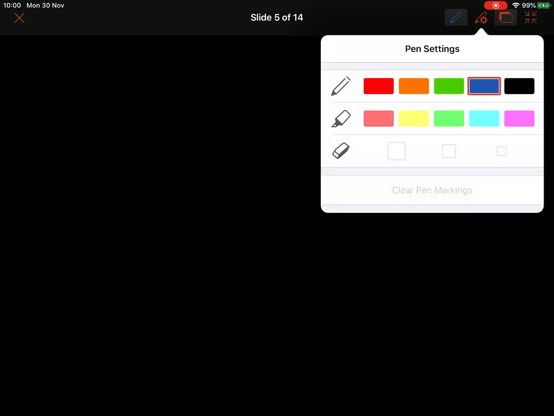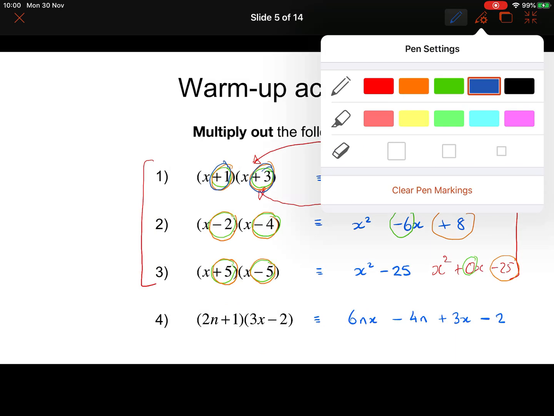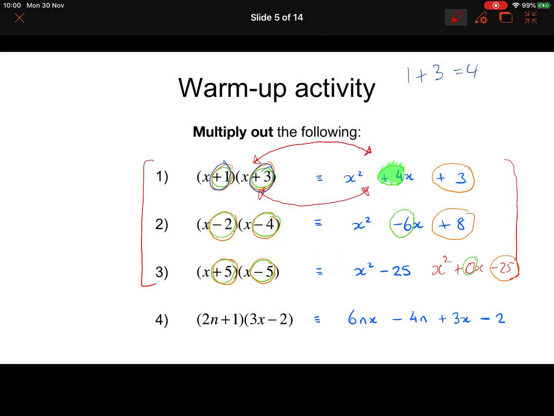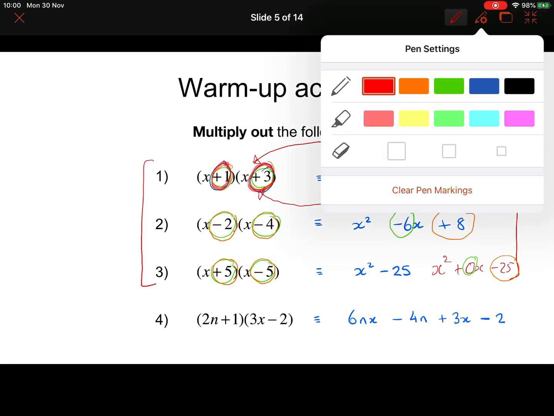And this orangey number here is this number and this number multiplied together. So 1 times 3 equals 3. Okay? And it is the same as we go through.